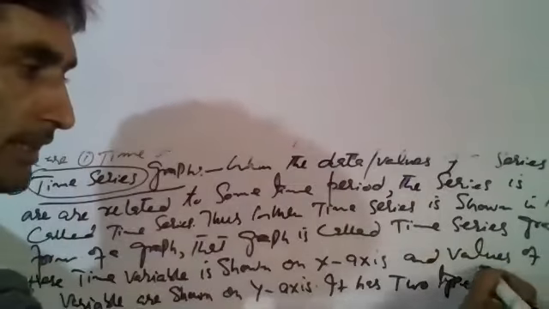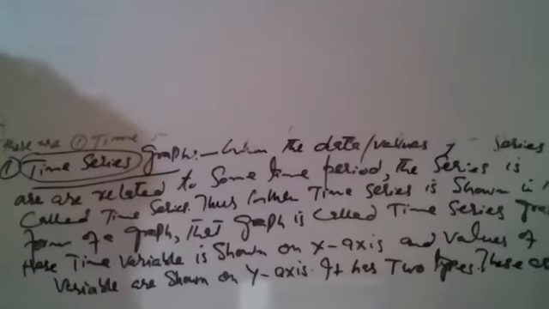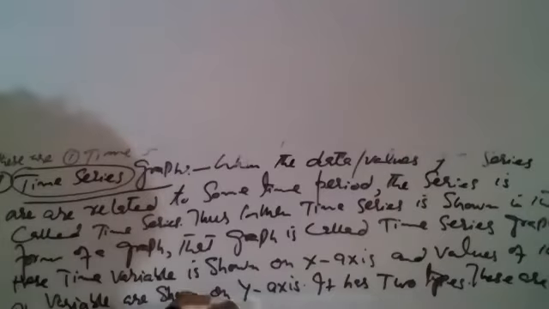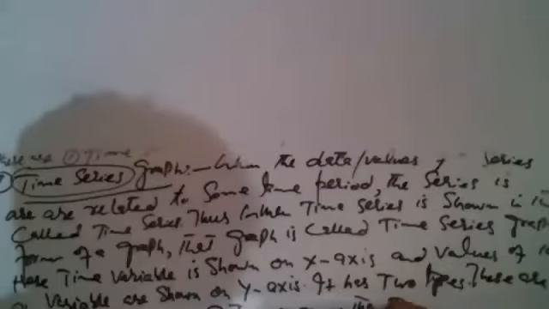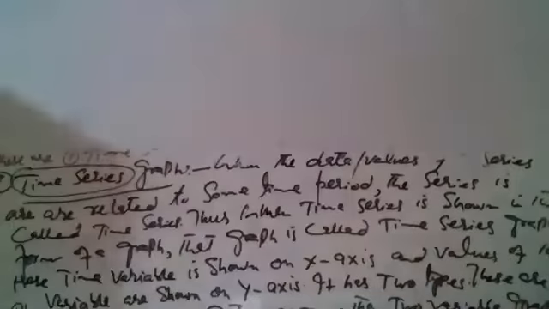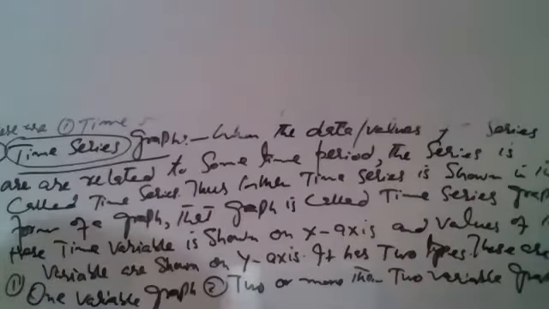These are one variable graph, and number two, more than two variable graph.